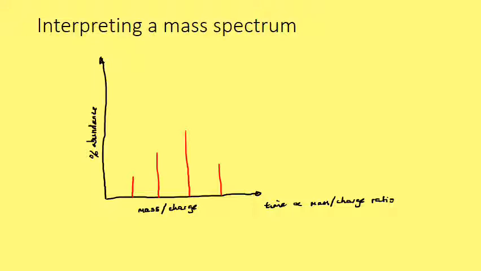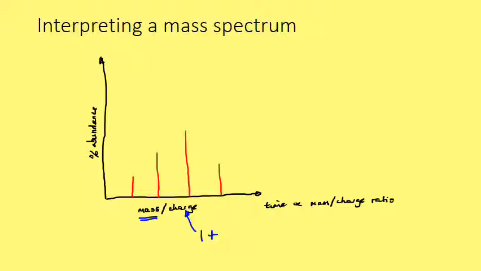So usually the charge here is a 1+ charge, and so what you can do is usually assume that because all the charges are the same, they're just 1+, the mass charge ratio is equivalent to the mass of the isotope.